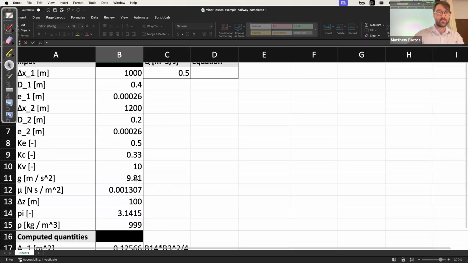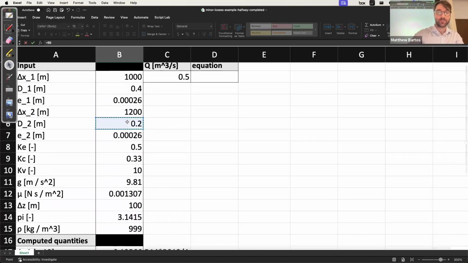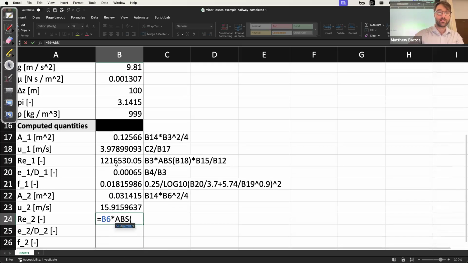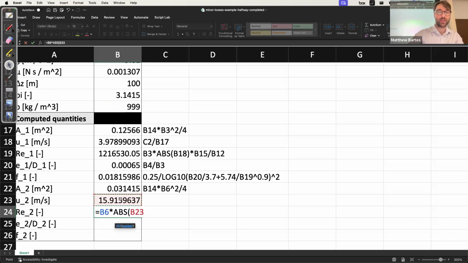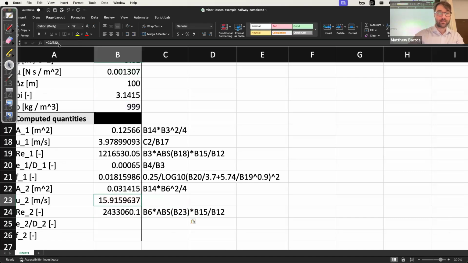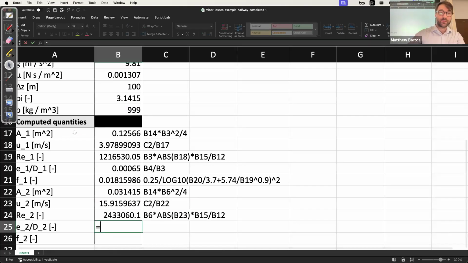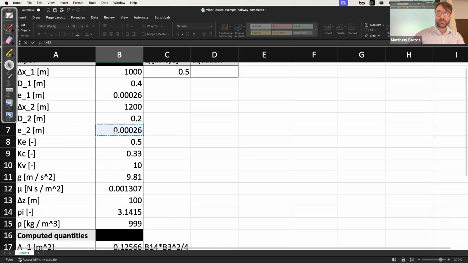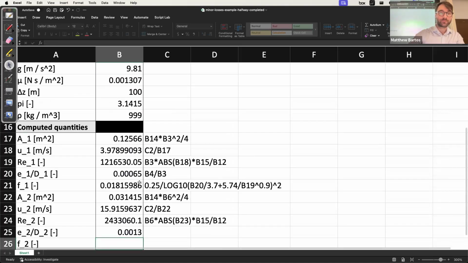The Reynolds number again is the diameter of pipe 2 times the absolute value of the velocity in pipe 2 times the density divided by the dynamic viscosity. E2 over D2 is just the roughness height in pipe 2 divided by the diameter of pipe 2.